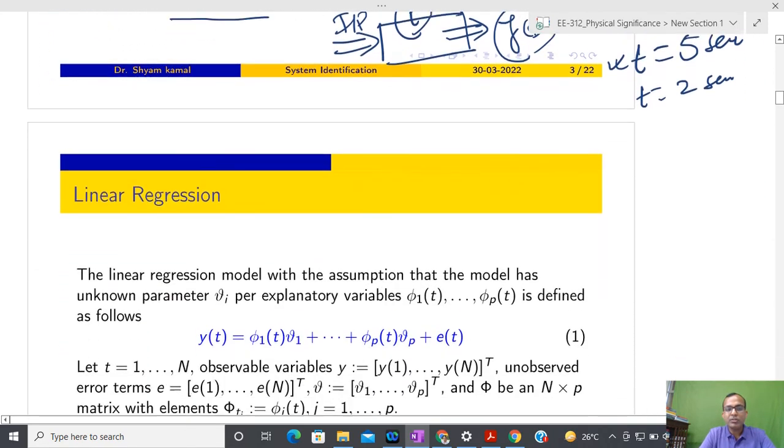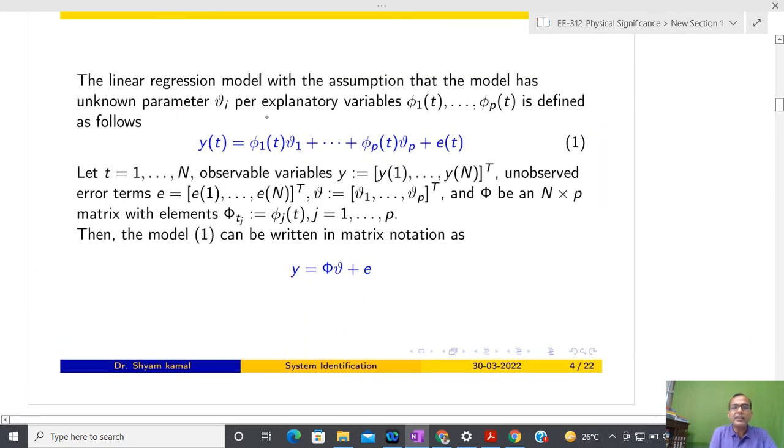So the linear regression model, with the assumption that the model has unknown parameter nu and explanatory variables phi 1 to phi p, is identified as follows. It means that the explanatory variables are known to me and I have to estimate the unknown parameter. That is our basic aim.